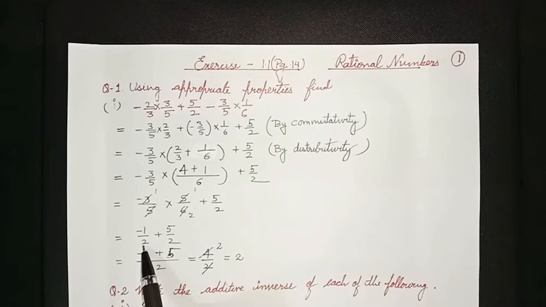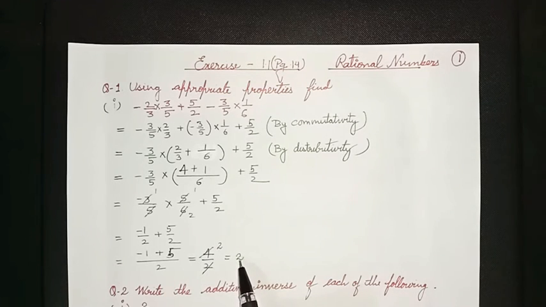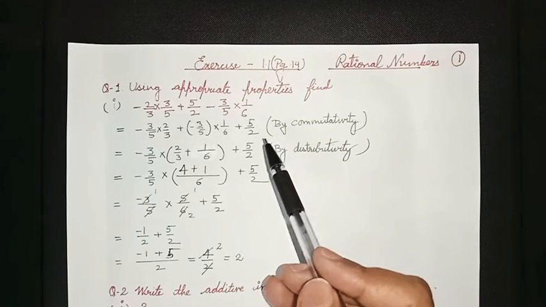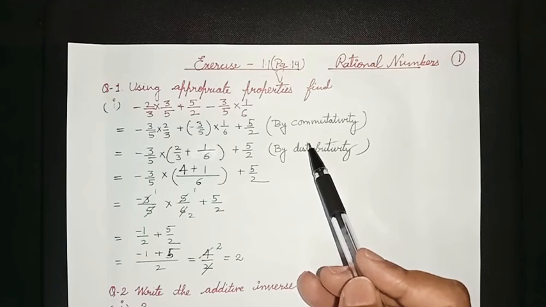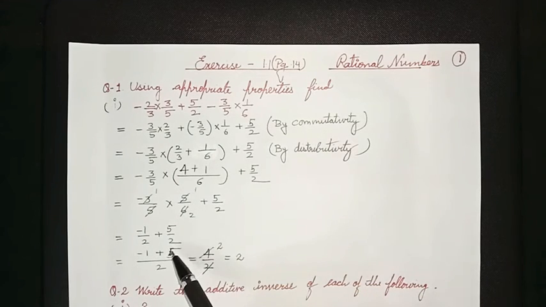Minus 1 by 2 plus 5 by 2 is equal to, taking LCM 2, minus 1 plus 5 is giving 4 upon 2, and after simplifying it we get 2. Now it is clear, I think. By using these two properties we can solve the questions.